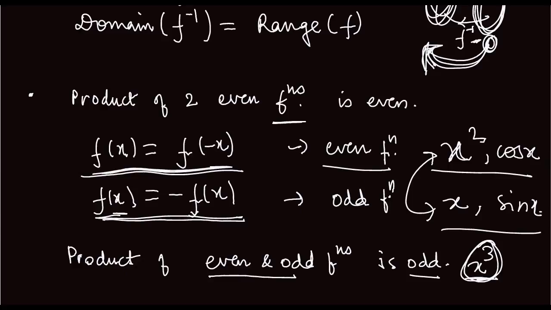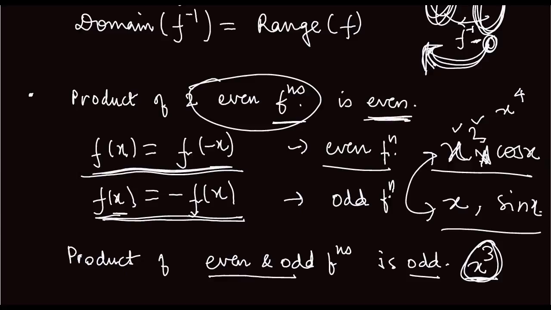Any odd power of x is an odd function. Then product of two even functions, let's say x square and x square, will be x to the power 4, or cos x into x square, that will be x square cos x, which gives you an even function.